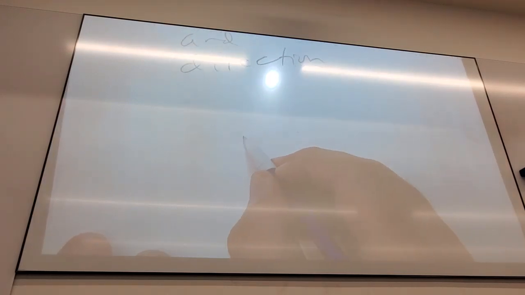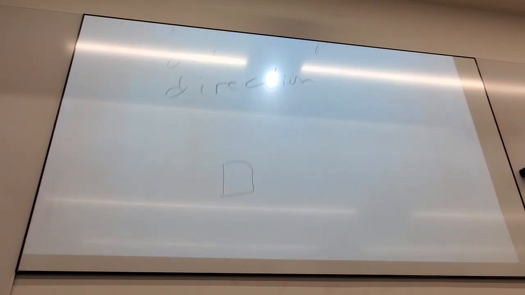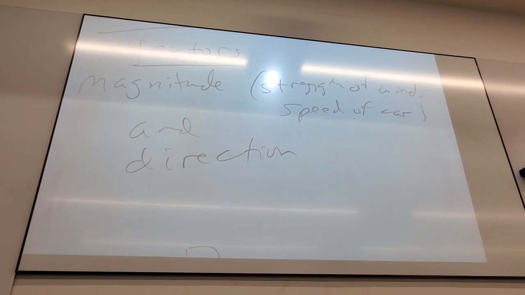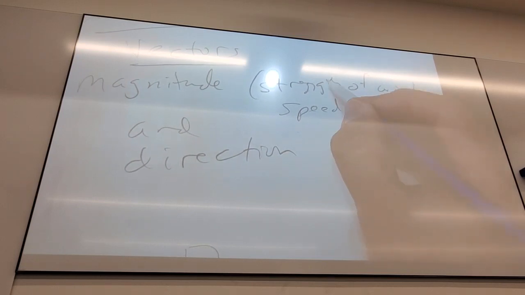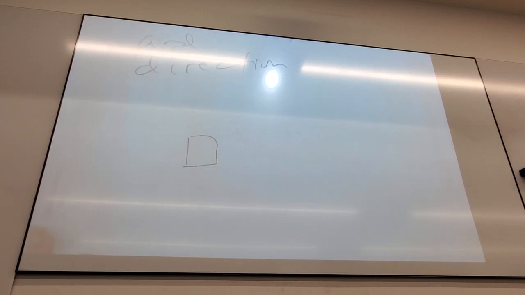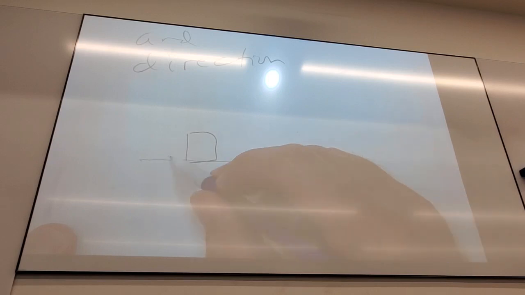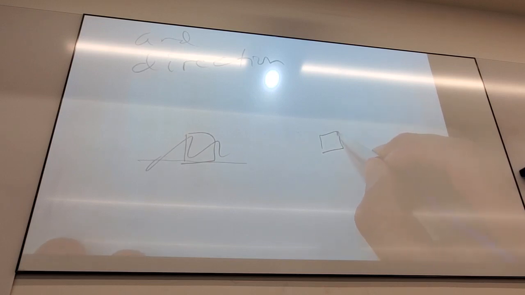So a very simple example: let's talk about moving a box. If I have this box sitting on the ground and I want to move it, let's just do an aerial view. We're looking down on this box and I'm going to pull it this way and somebody else is going to pull it that way.